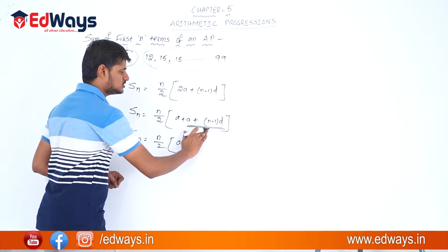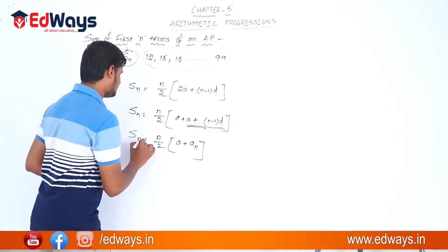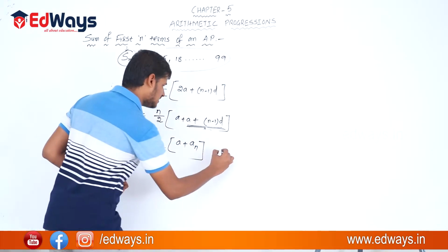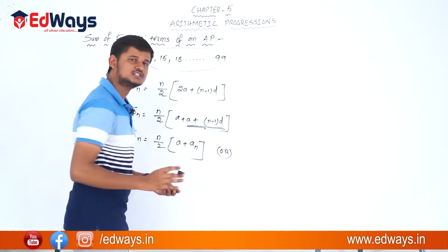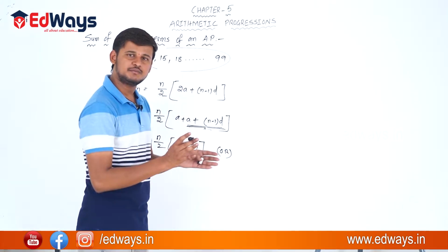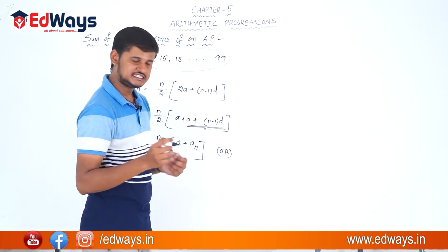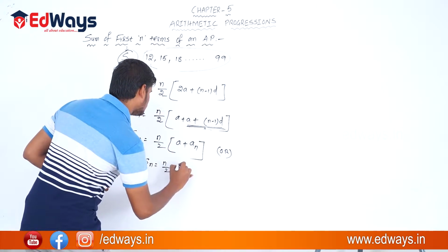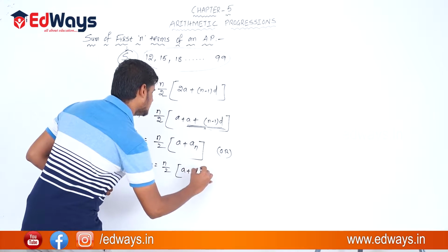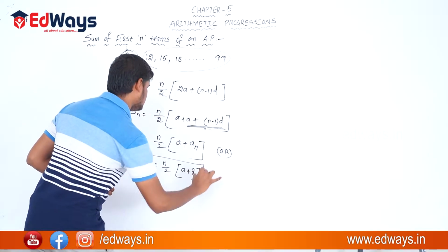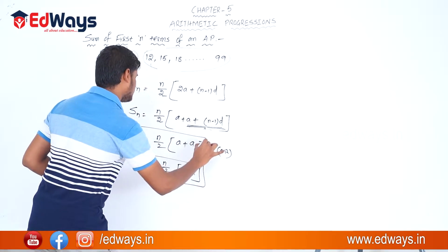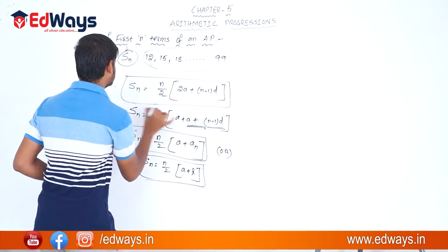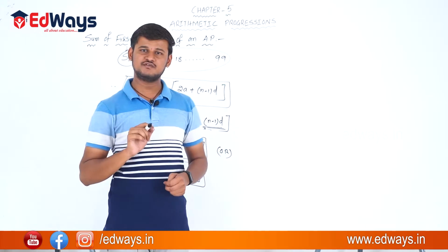So Sn equals n by 2 of (a plus an), or instead of an, it can also be represented as L, that is the last term. So Sn equals n by 2 of (a plus L). Clear? So these are the two formulas we should remember to find the sum of first n terms of an AP.